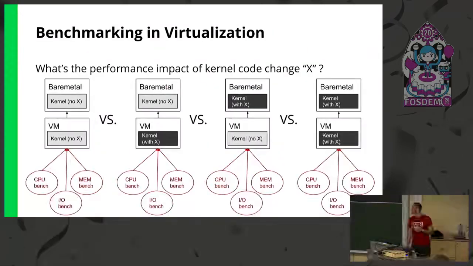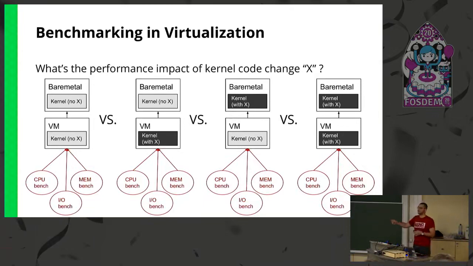What about if we put virtualization into the equation? Then it turns out that things become a little more complicated, because there are quite a few more cases that you have to think about and actually check. This is just an example, where you have to consider all the cases: the change that you are interested in is either nowhere, so neither in the host kernel nor in the virtual machine kernels, or it's only in one of them, either only on the host or only on the guest, or it's in both.